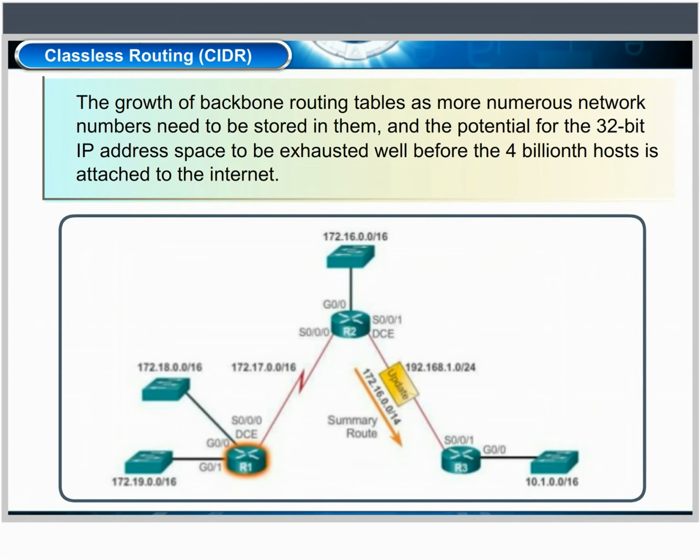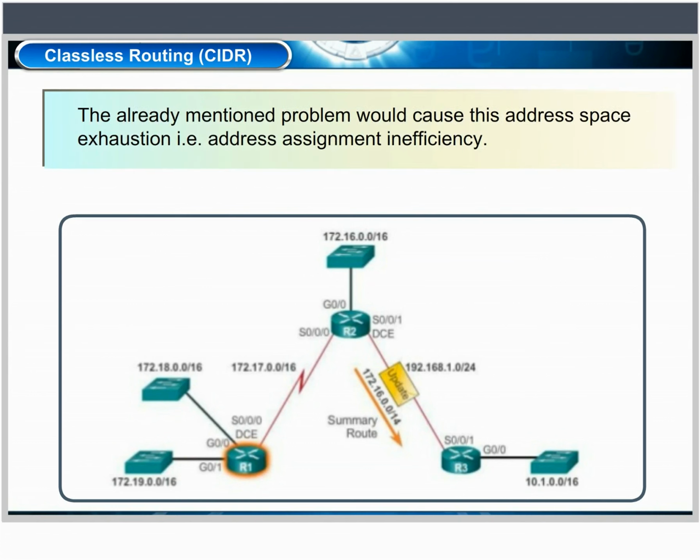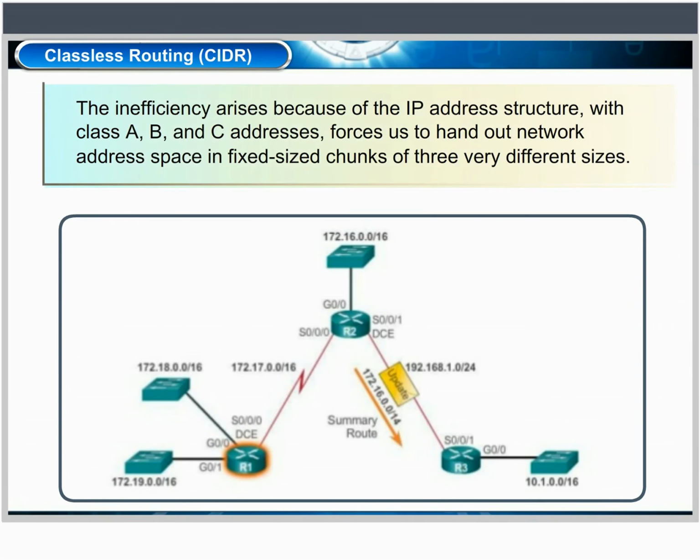We have already mentioned the problem that would cause this address space exhaustion: address assignment inefficiency. The inefficiency arises because the IP address structure with Class A, B, and C addresses forces us to hand out network address space in fixed-size chunks of three very different sizes.